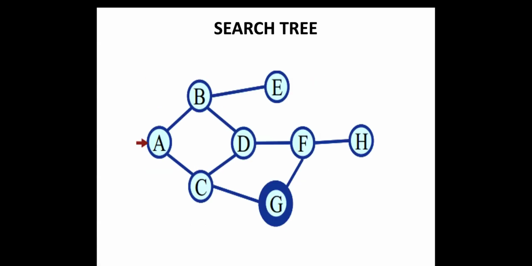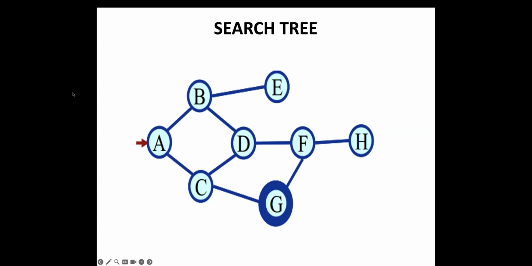Okay, so I now want to introduce the concept of a search tree. So now let me use this simplified diagram. With our diagram, let's say we want to expand.